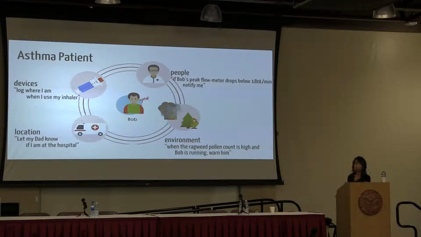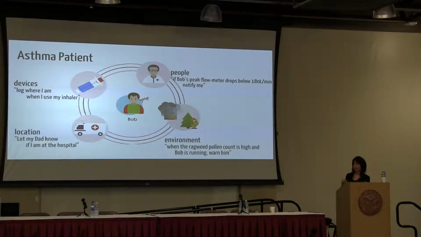So Bob here, who has asthma, may want to say that, look, I'm using these inhalers. I want to know where I am when I use these inhalers so I can find out when I usually need help with the inhaler. And you may need to be taken to a hospital. I want to make sure that my dad knows about this. So this is the kind of thing that Bob may want to tell his assistant.